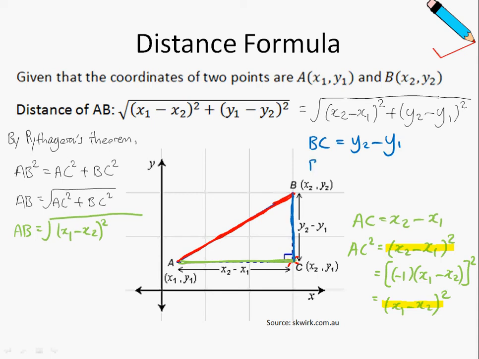Therefore BC squared is equal to y2 minus y1 squared. Similar to the proof that we did over here, highlighted in yellow, this is the same as y1 minus y2 squared.